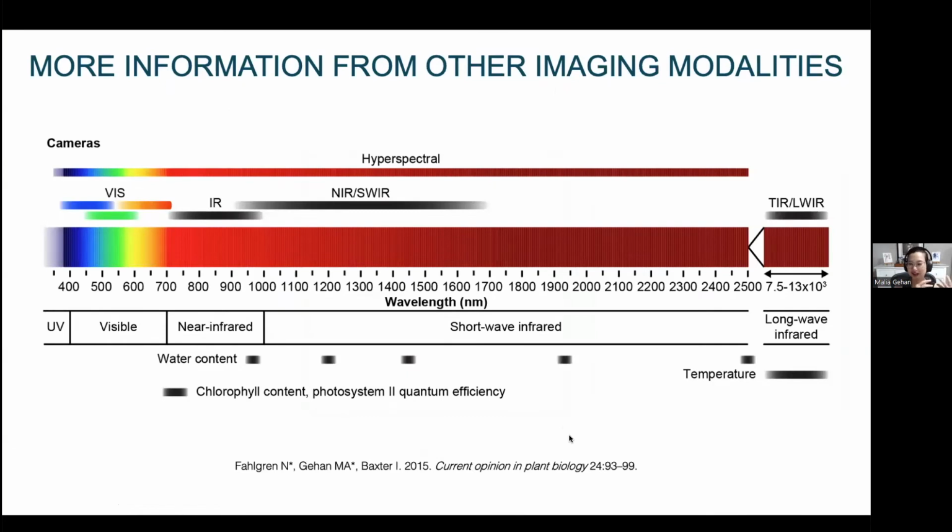So in addition to getting more information out of just those RGB images, like I showed in the last slide, we're also getting more information from images by using different imaging modalities. RGB images are what you will probably have in your pockets with your cell phones.